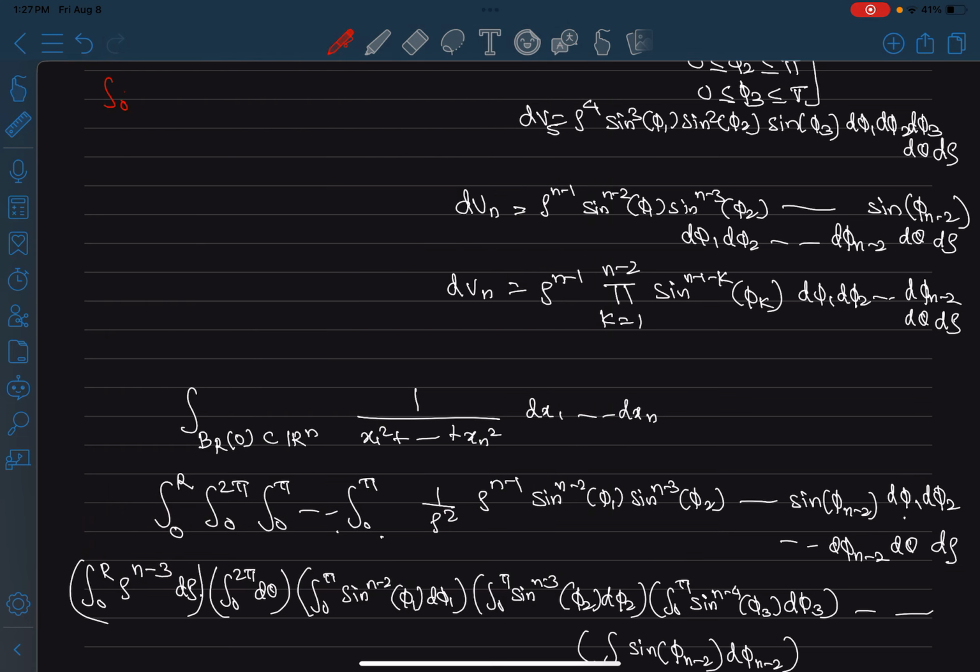So this thing, 0 to pi sine to the power, let's say some p of some phi d phi. First of all, this is twice the integral from 0 to pi over 2, right? Sine to the power p phi. Now let's write cos to the power 0 phi d phi.